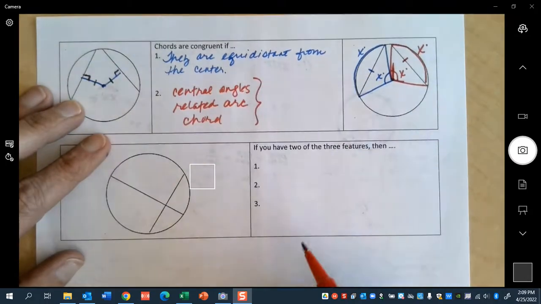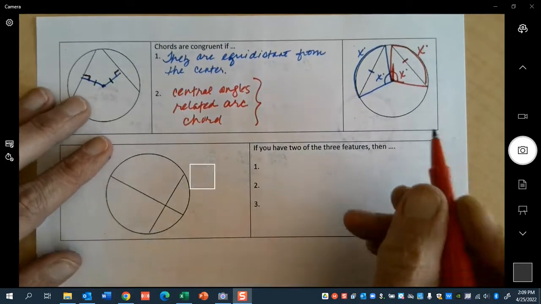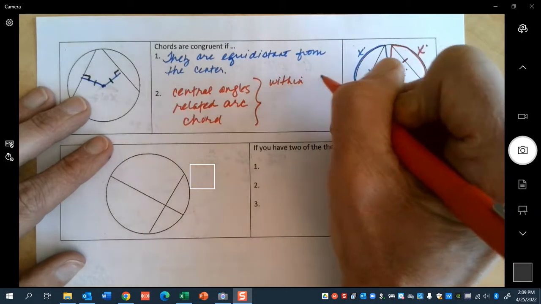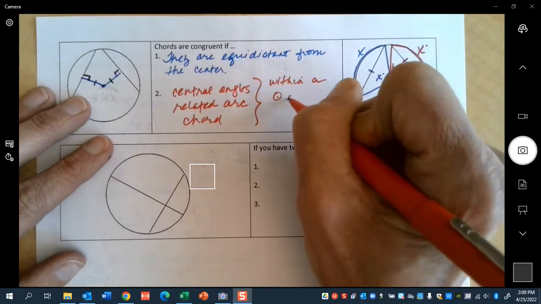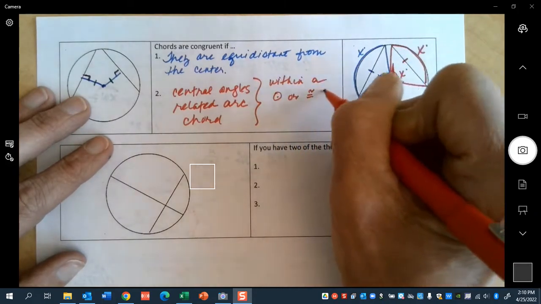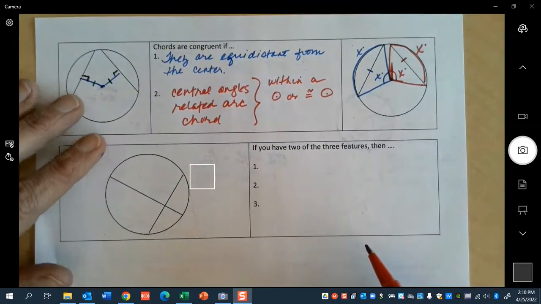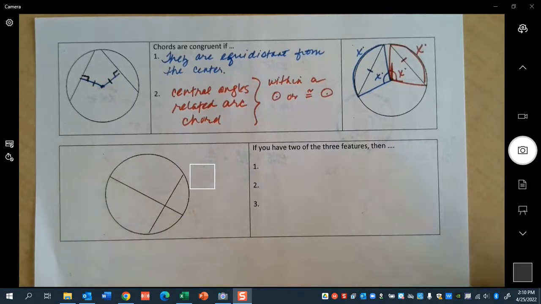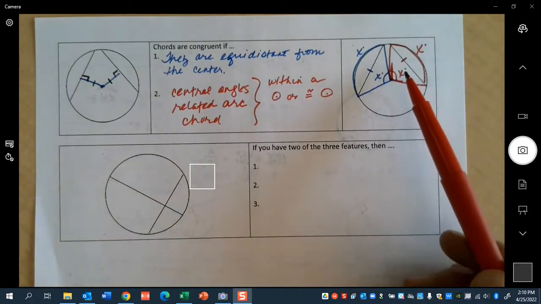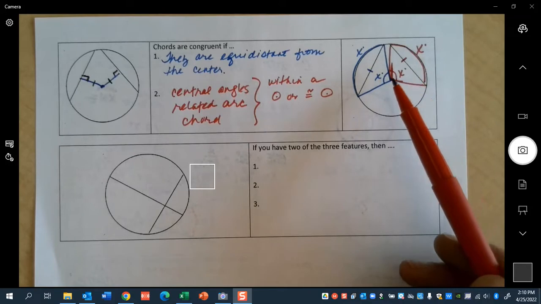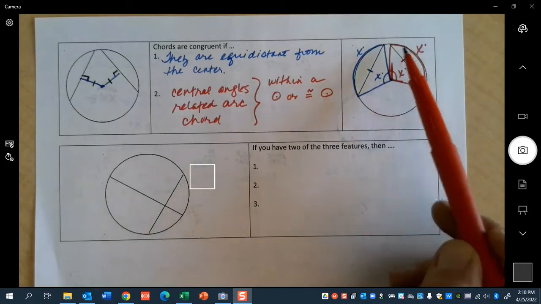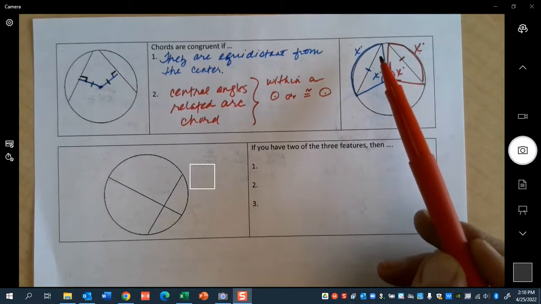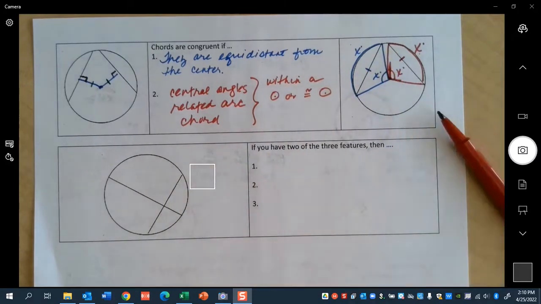If all of these are congruent within a circle or congruent circles, my central angles open up a conversation about my related arcs, and my related arcs open up a conversation about my chords.